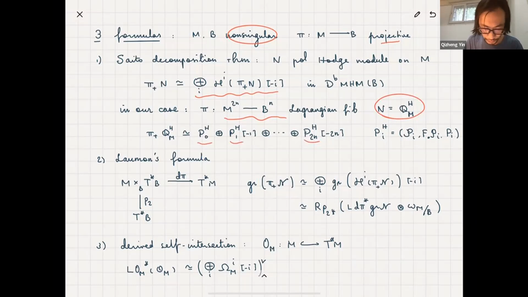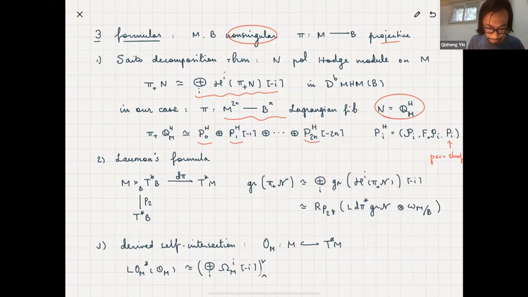Again, the decomposition is not canonical, but these Hodge modules are canonical, and so I get 2m plus 1 Hodge modules, and they're triples that I'll call PI, with the Hodge filtering F of PI, and also the original PI. This is the perverse sheaf PI that I started with. So this is how we do the decomposition in the setting of Hodge modules.